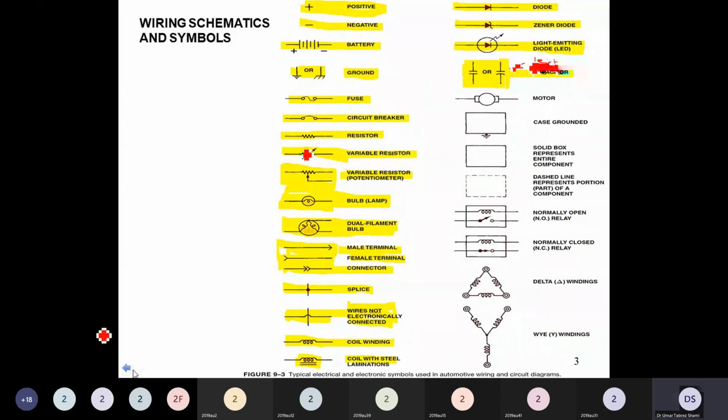The electrolyte capacitors normally have larger capacity as compared to non-electrolyte capacitors. Capacitors are always measured in farads. Farad is the unit of measurement of capacitance.